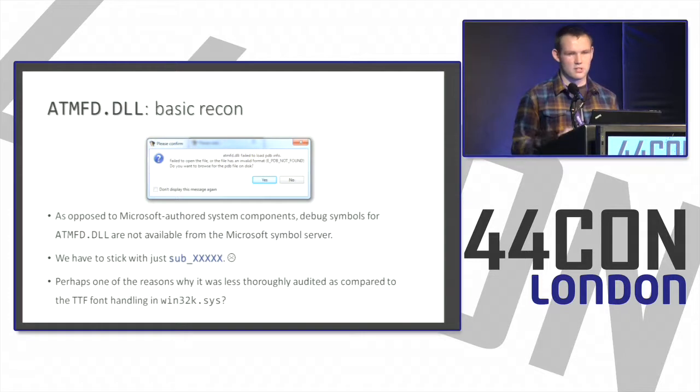So Microsoft Symbol Server doesn't have the symbols, even though they provide them for other components of the operating system. So we just have to stick with generic names that IDA generates. Maybe that's the reason why it was less thoroughly audited as compared to, for example, Win32k, which handles TrueType fonts. I don't know.